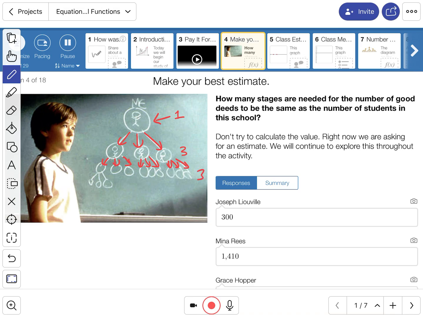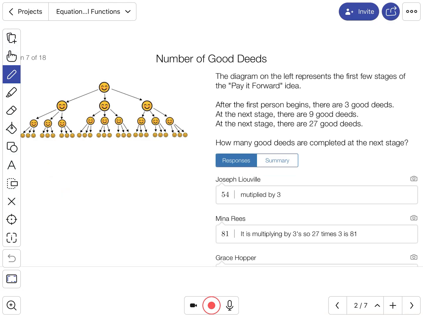So it multiplies by 3, and so we start with, again, 1. In this row, there's 3. In this row, there's 9. If you add up all these people. And then this row would be 27 because you're going to multiply by 3.